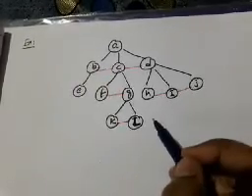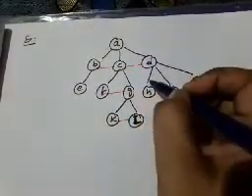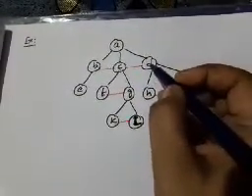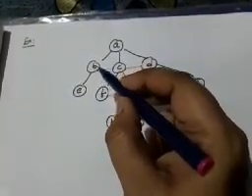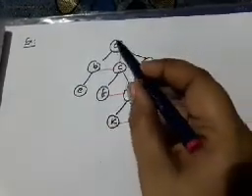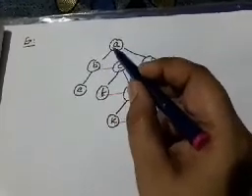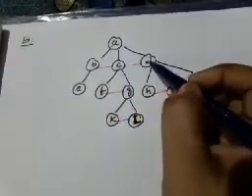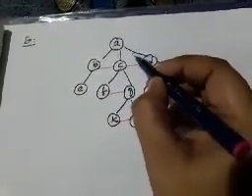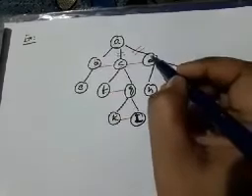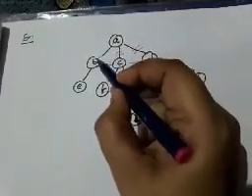Once step 1 is over, the second step says you need to remove the edges from the parent to its children, leaving only the leftmost child. So here when you look at A, B, C and D, B is the leftmost child of A, and C and D are the other children. So we need to remove the edges from A to D and A to C. Only the A to B edge will be there.